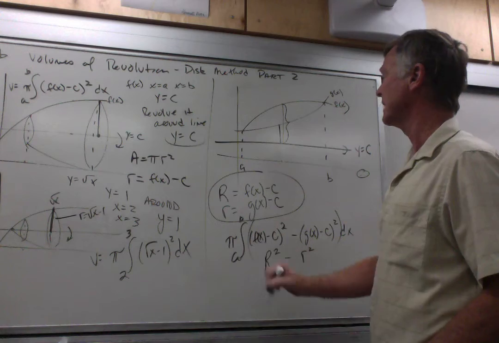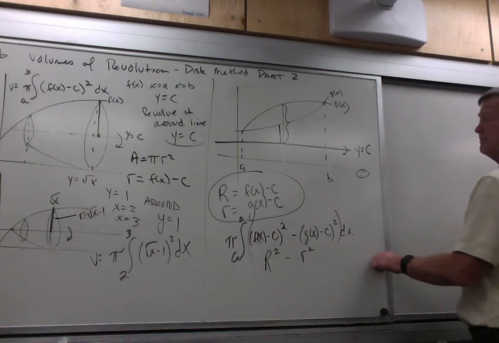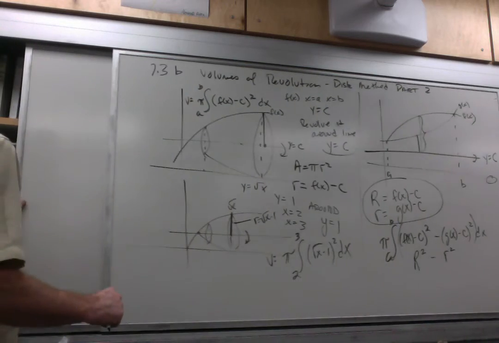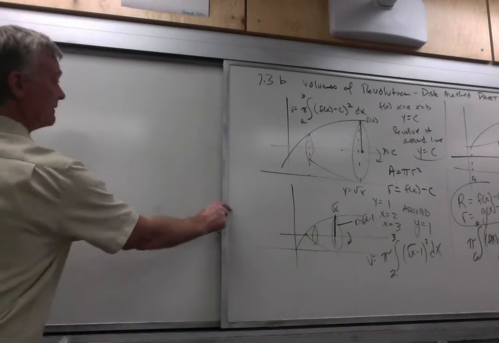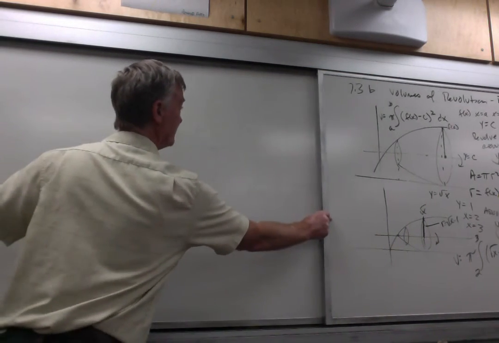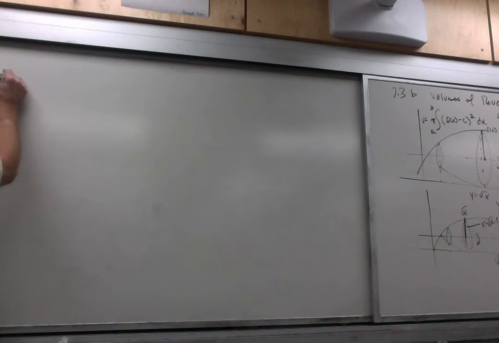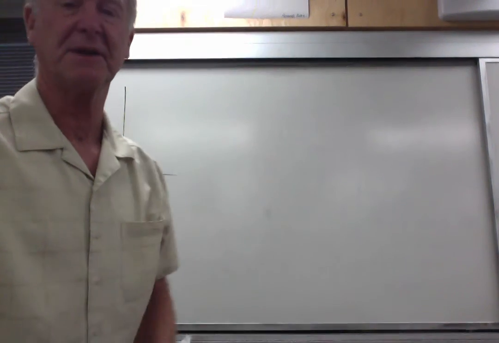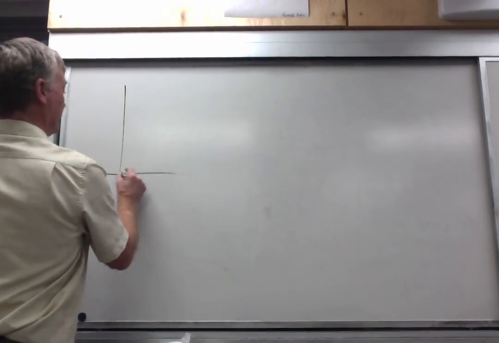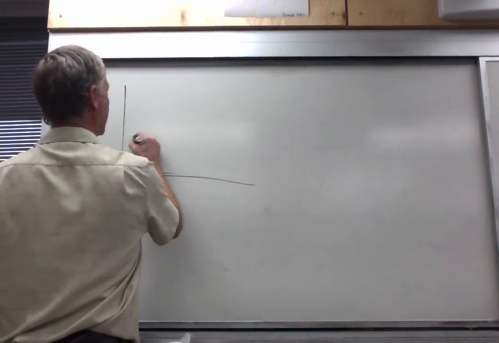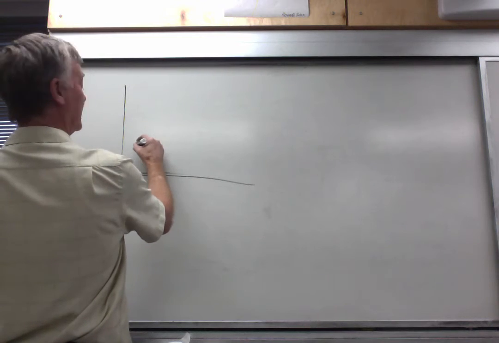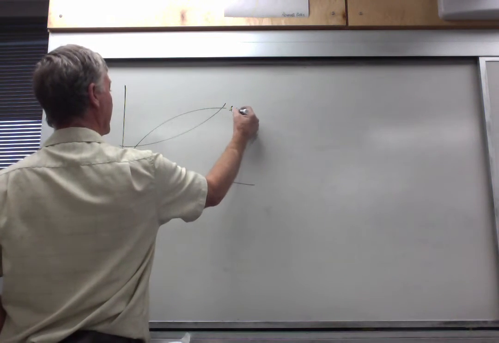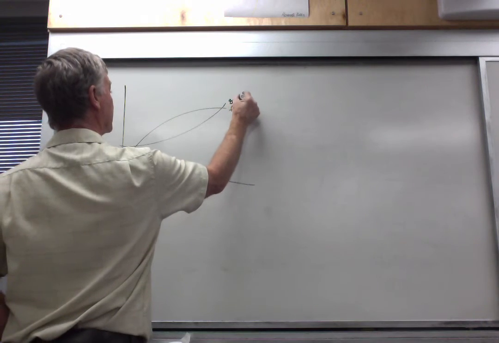So let me show you a slightly different problem. Let's say we had the same basic shape that I just did, with that curve and this one, f of x and g of x.